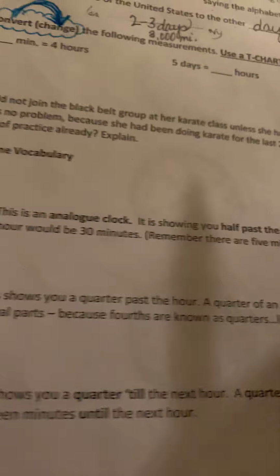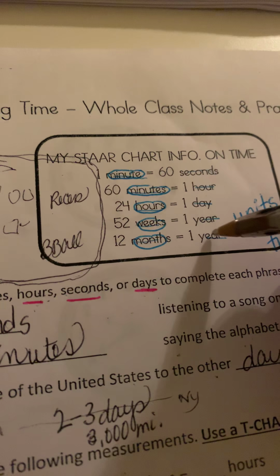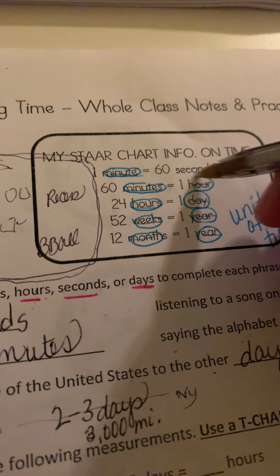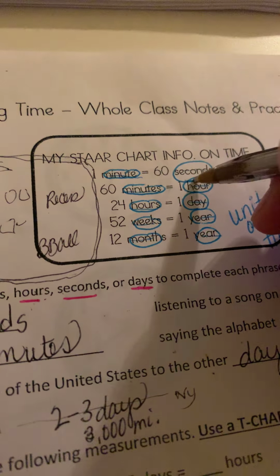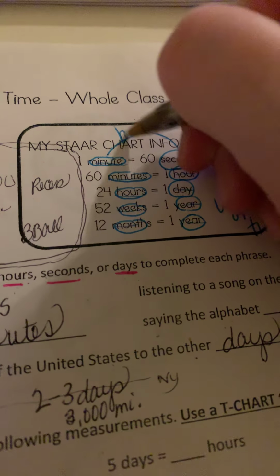What they want us to do is convert units of time. I'm going to go back and do the same thing here. So you can convert months to years, or years back to weeks, or hours to minutes, or minutes to seconds. Converting means changing. And again, we'd want to highlight this.